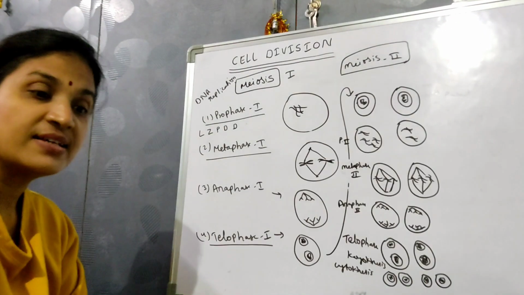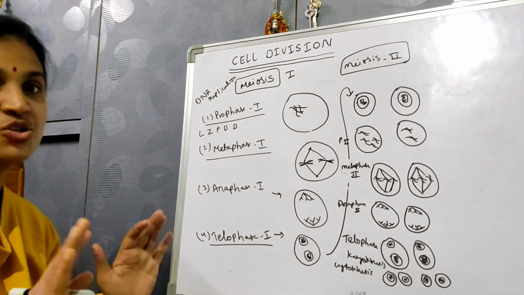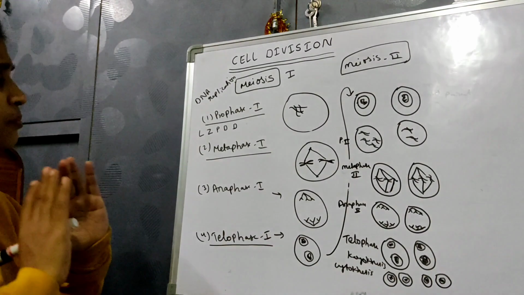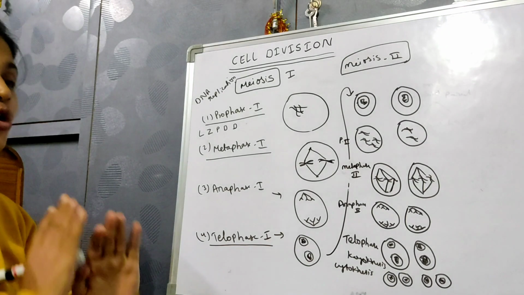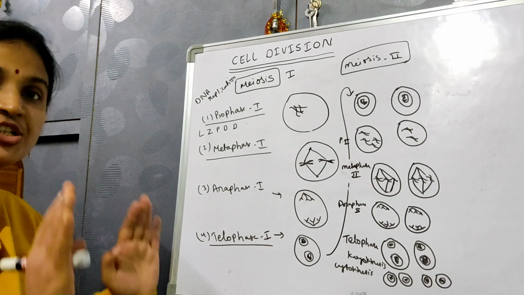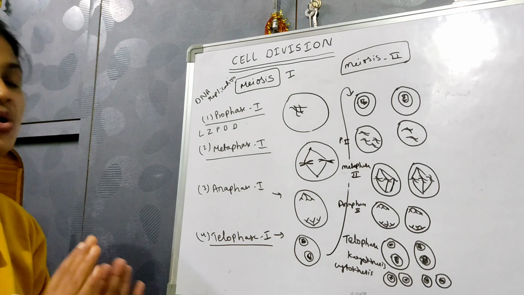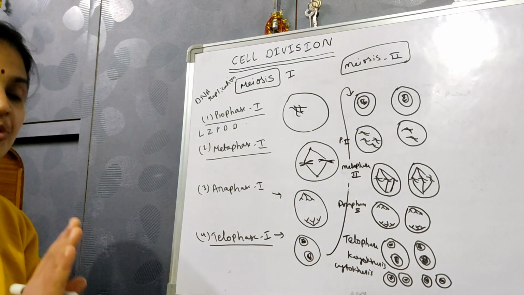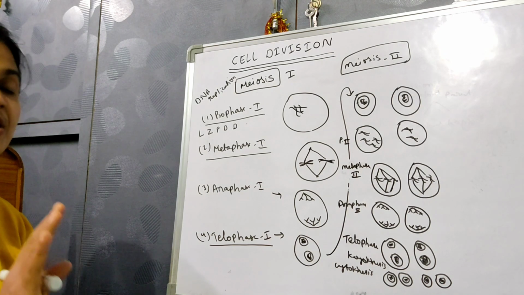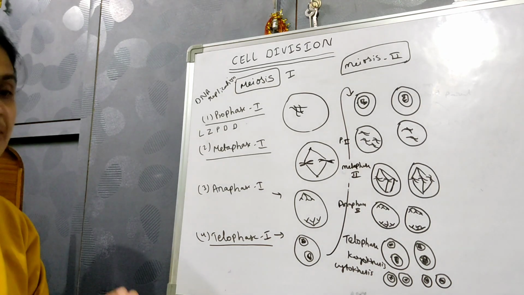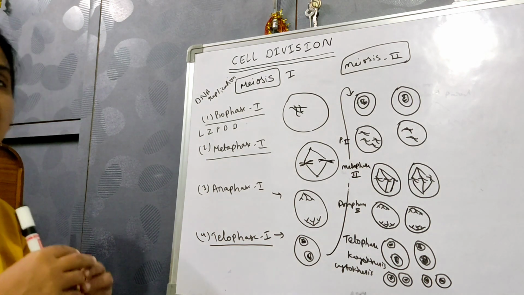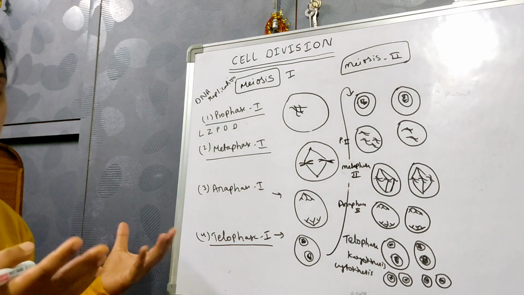Diakinesis is a stage where terminalization of the chiasmata takes place, and the nuclear envelope, nucleolus, Golgi complex, and endoplasmic reticulum all disappear. And if it's an animal cell, the centrioles are duplicated.